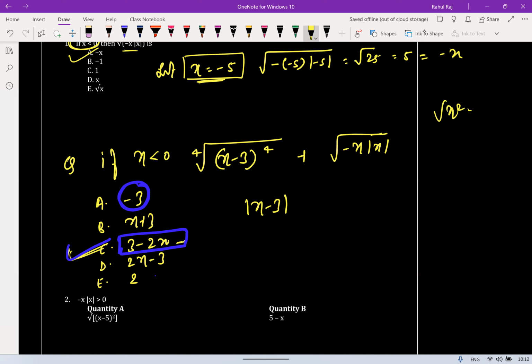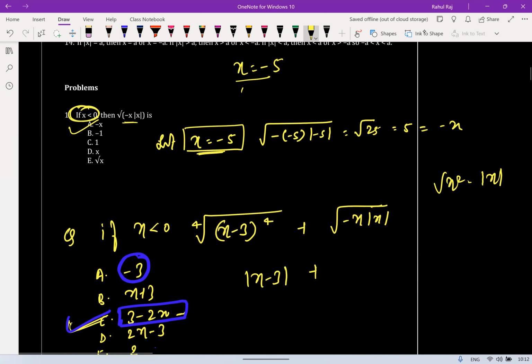Root x square is mod x, right? Plus root of minus x mod x. We just saw root of minus x mod x is minus x for x less than 0. So this is minus x. That's a separate question, but at the end of the day, for x less than 0, the value of root of minus x mod x will come as minus x only if you solve it. Doesn't matter at all.